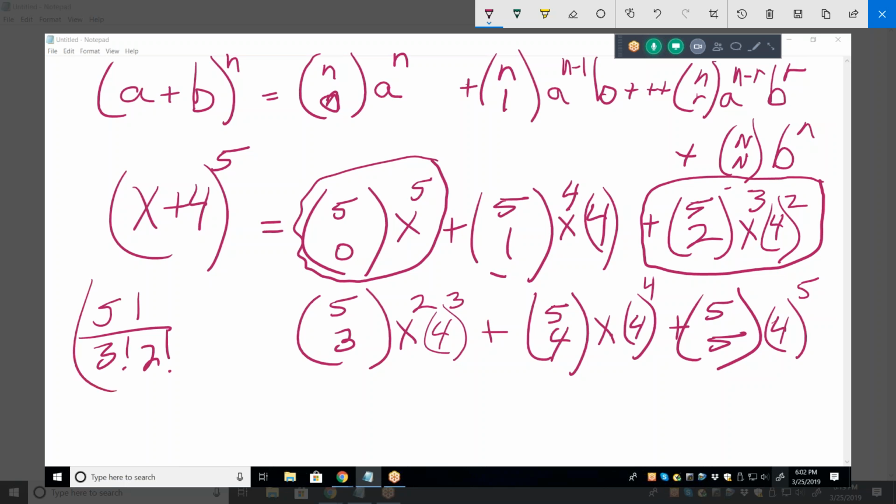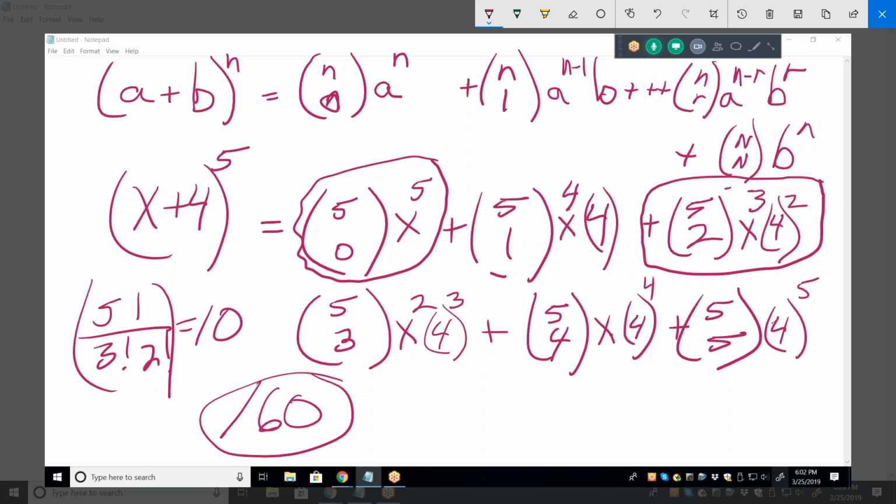That's 5 times 4 over 2, that's 10. Times 4 squared, 16. So the coefficient would be 160. So that third term is going to be 160 x cubed. That is the third term.